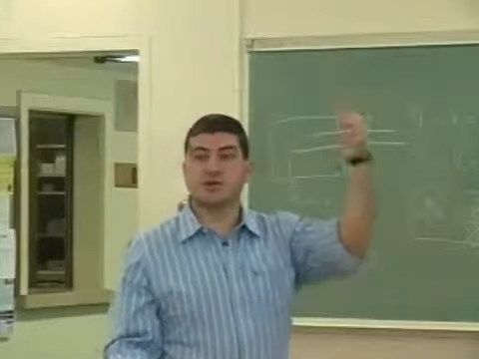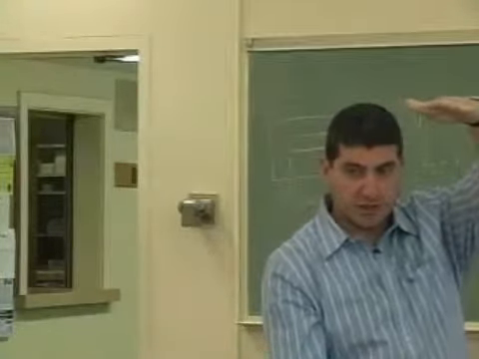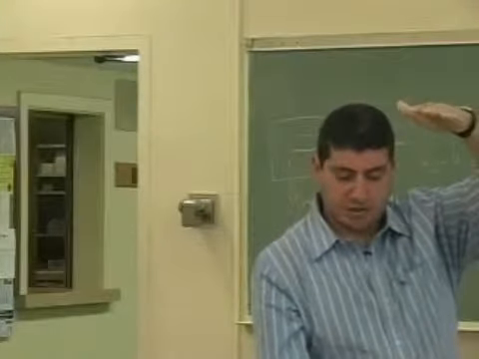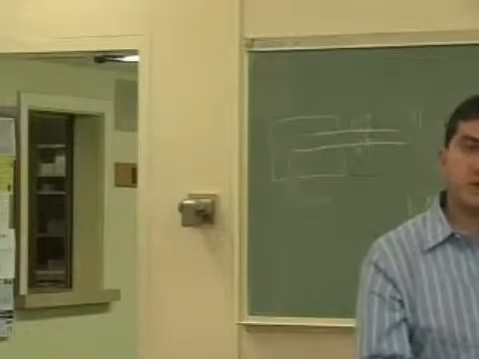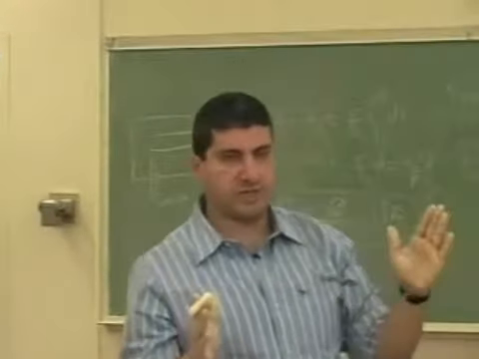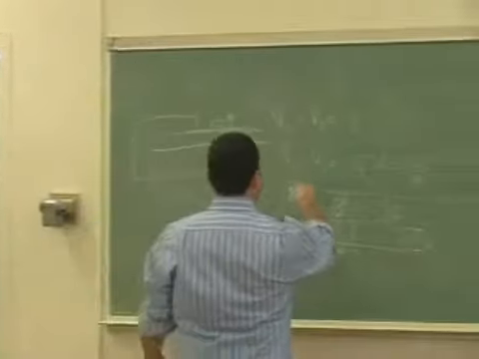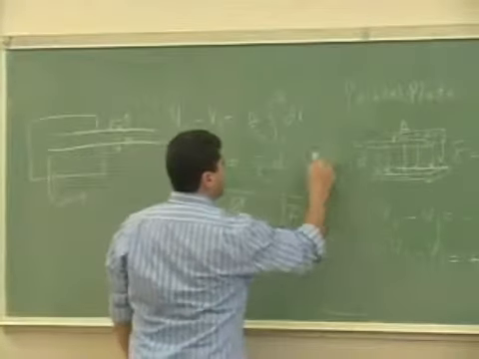Not as much charge is going to come in. You know why? Because if the plates are far apart, the potential difference between them is already large. The potential difference between the plates depends on the distance between the plates.